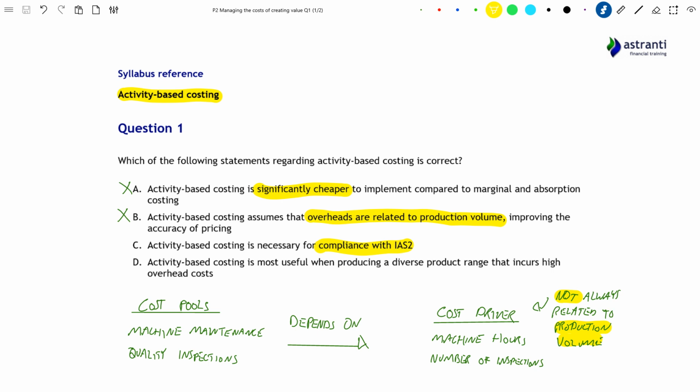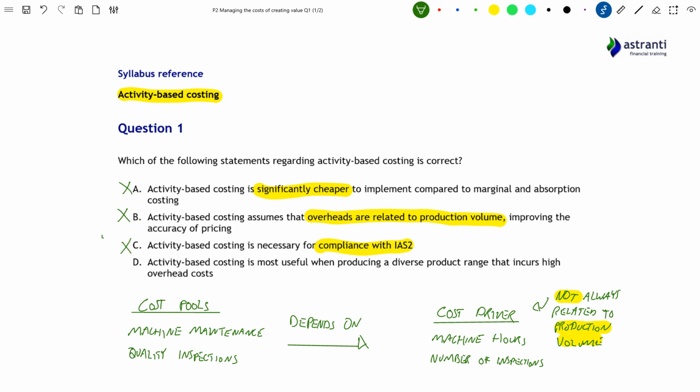It's quite a complex and involved costing system, and gives us a great breakdown of how we absorb our overheads. So it's unnecessarily complicated and comprehensive in terms of compliance with these standards for financial reporting purposes. It is definitely sufficient for compliance with IAS 2, but it is not necessary. We could still comply with these standards using, say, absorption costing instead. And therefore, option C is not correct.